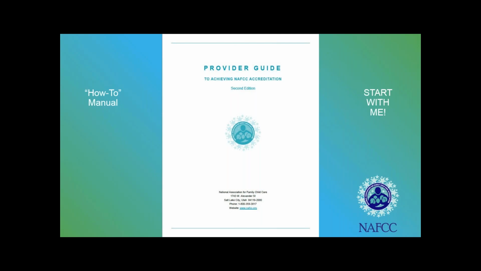So Samantha asked, how much is the total kit? The total self-study kit, if you haven't purchased one, is $315, and that's if you're a member of NAFCC. So if you're not a member of NAFCC, I highly recommend that you become a member and then purchase the kit, because the non-member price for a self-study kit is $450, and to become a member is only $45.